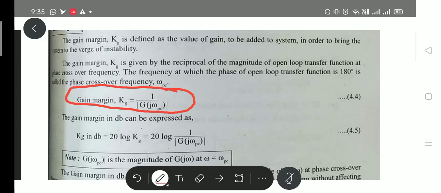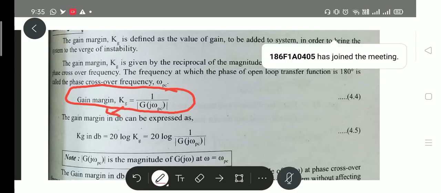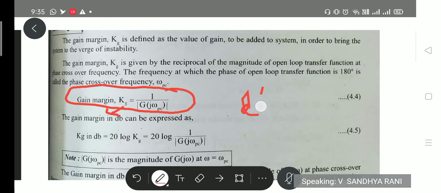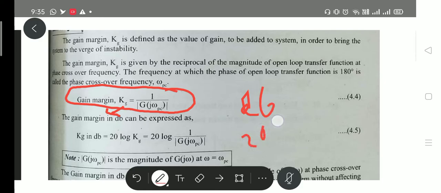Okay, we can represent Kg in dB. We can represent decibels here. This gain margin will be represented in decibels, dB. For that purpose, 20 log Kg. 20 log Kg means 20 log 1 by mod of G of j omega pc.